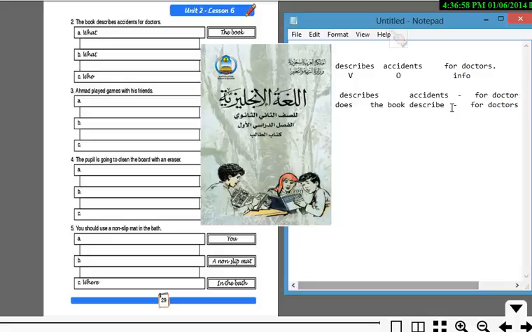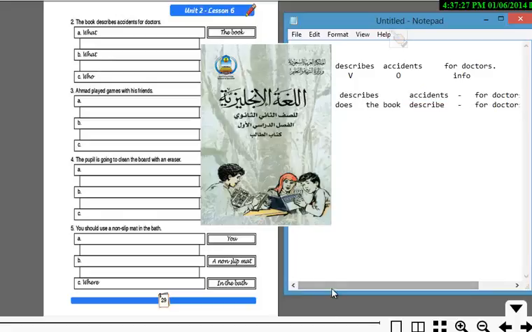Okay, so what we just did is to try and separate the verb into two parts, as in does and describe, and as for the book, it is going to be replaced by accidents, the subject with the object, just in position, okay, not in function. Now, for doctors, it's just going to be in the same position as well. We're going to use a question word at the beginning. What here stands for accidents. So the question will be in B, what does the book describe for doctors?